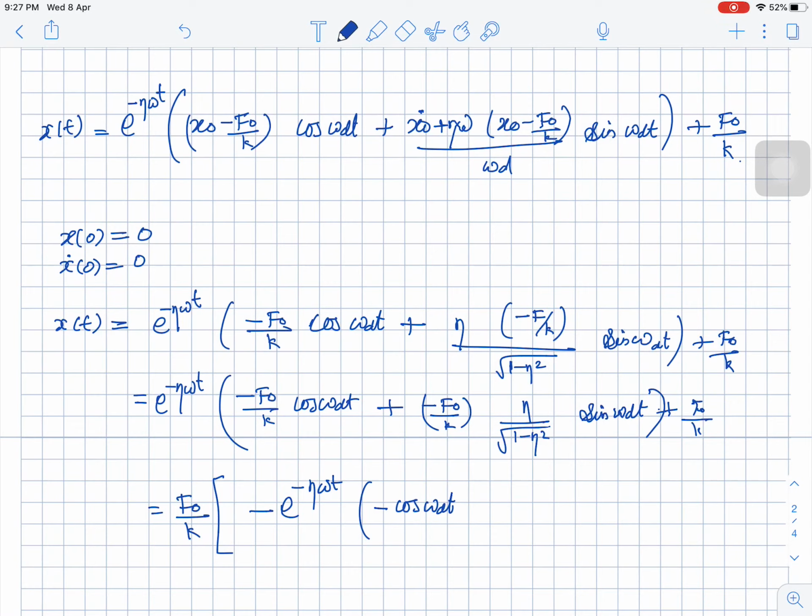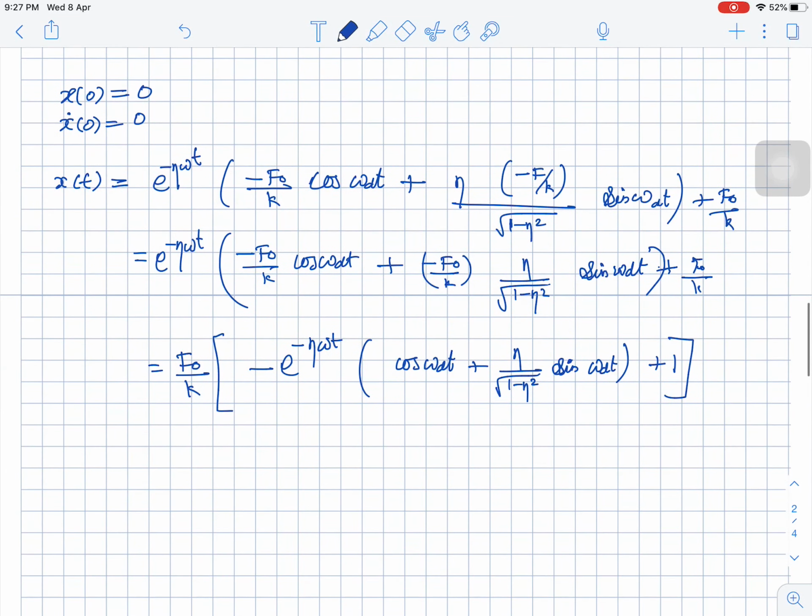We will take this minus also, plus eta by 1 minus eta square root of sine omega dt plus 1. So this will be simply written like this.